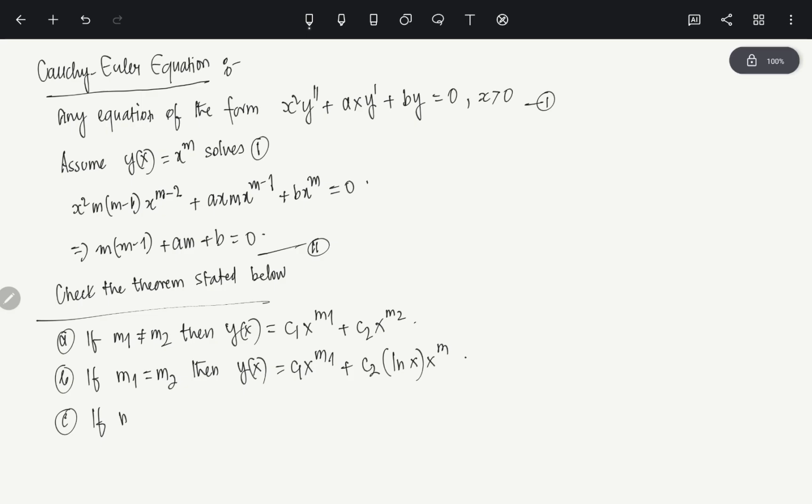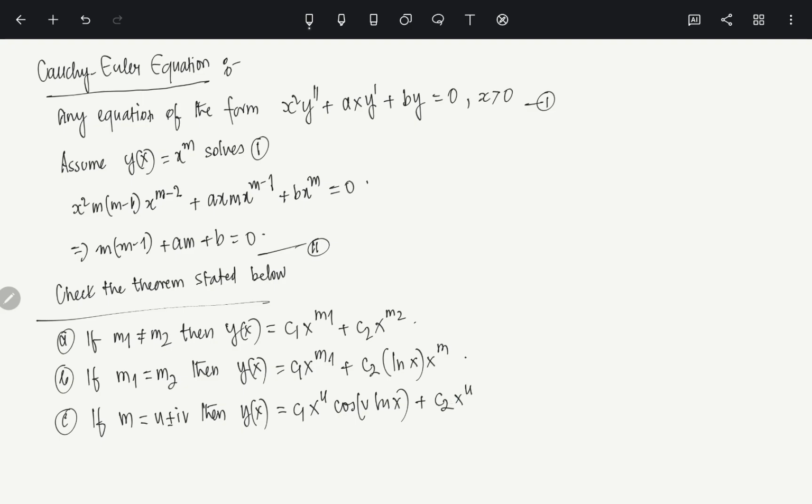And if they are complex, so complex conjugates, so basically m is u plus or minus iv, then y of x will look like c1 times x power u cosine of v log x plus c2 x power u sine of v log x.